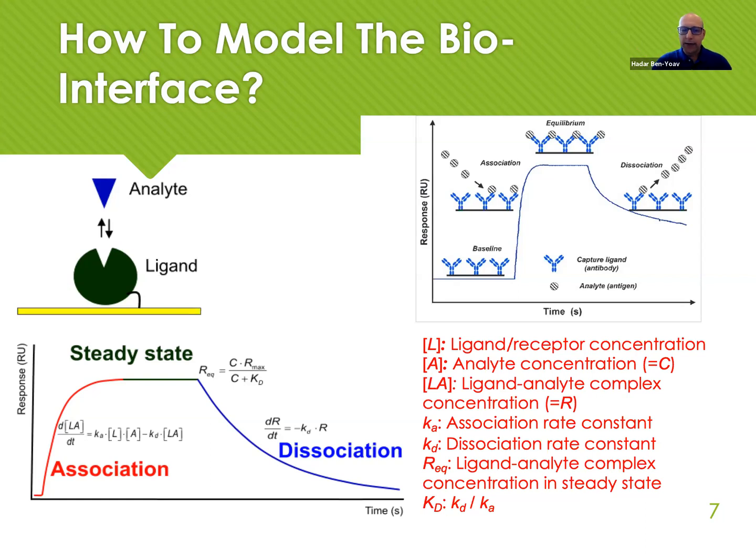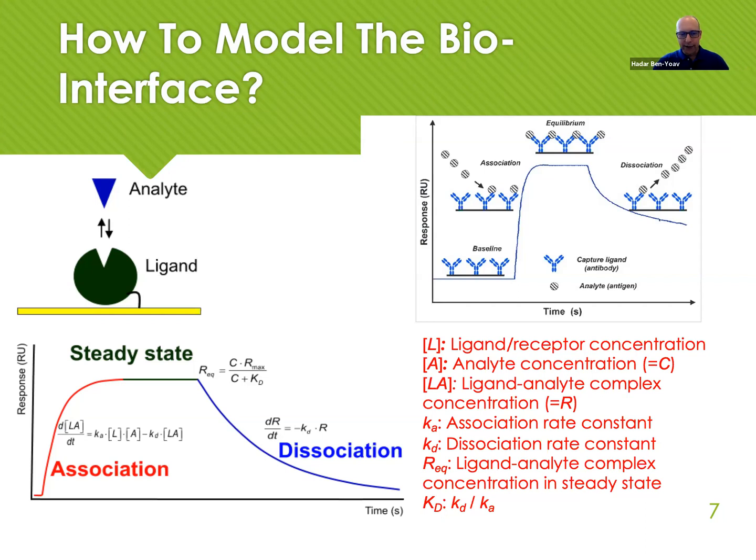So now let's try to explain it, and we look at reaction kinetics. Let's try to describe each one of the stages: the association, equilibrium, and dissociation. For the association, L is the ligand or receptor concentration, A is the analyte concentration, and LA, which is also R, is the receptor-analyte complex concentration, meaning this one generates the signal.